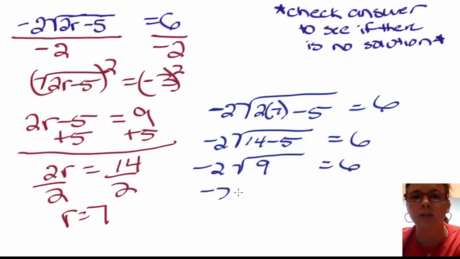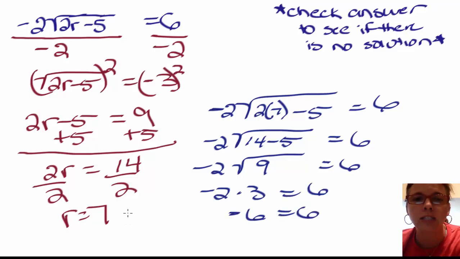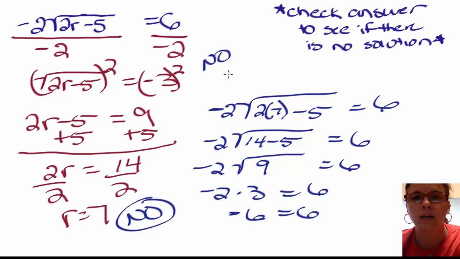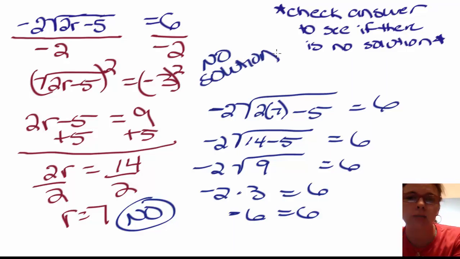This is negative 2 times 3 equals 6, but this is negative 6 equals 6. Since this is a no, you would say it has no solution, because it only has one solution and it didn't work. If you came out with 2 solutions and one worked and one didn't, then one would just be extraneous.